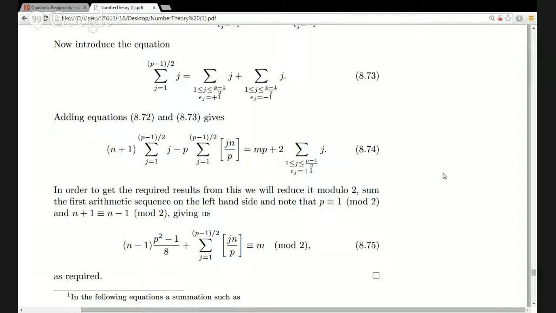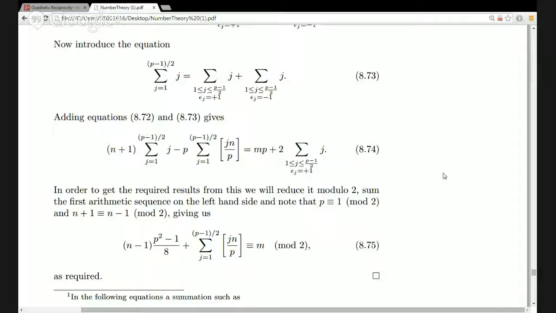I think that's just to get it to agree with the initial formula. Equally well, you could leave it as n plus 1 as well. If it's in a modulo 2 formula, n plus 1 is the same as n minus 1. It doesn't make any difference. That's it. That's the result. So this is the formula in the statement of the theorem.